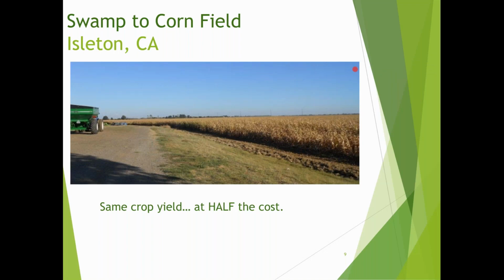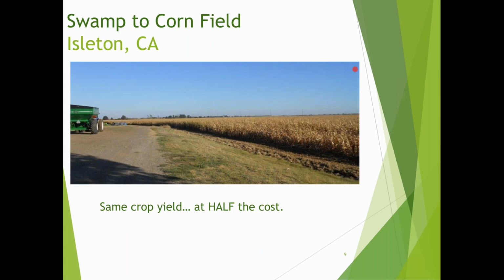So the point is that it is possible, and this is one season. This is not 5, 10, 15 years down the road. This is just one season of committing to not spraying, putting out chemicals.